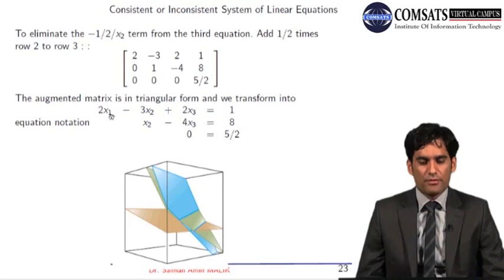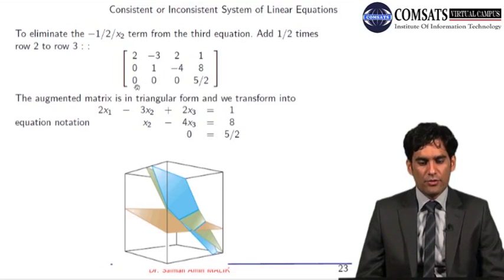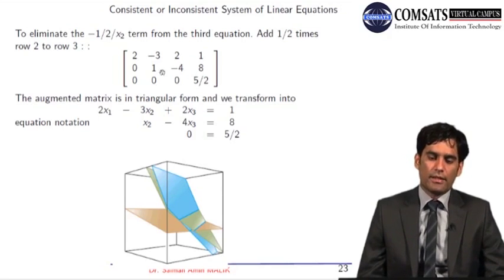So 2x1 minus 3x2 plus 2x3 equals 1 is my first equation. x1 has 0 coefficient, so x2 minus 4x3 equals 8 is my second equation. In the third equation, x1 has 0 coefficient, x2 has 0 coefficient, and x3 has 0 coefficient.